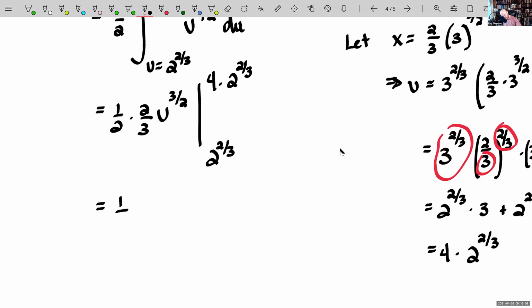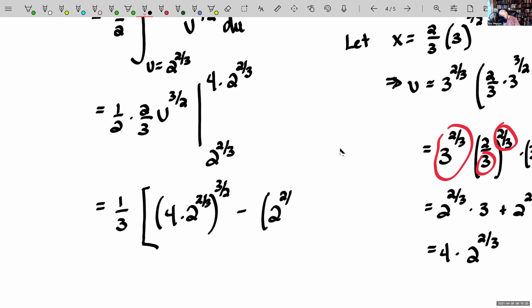This will equal 1/3 times, we have 4 times 2 to the 2/3 raised to the 3/2 minus 2 to the 2/3 raised to the 3/2.